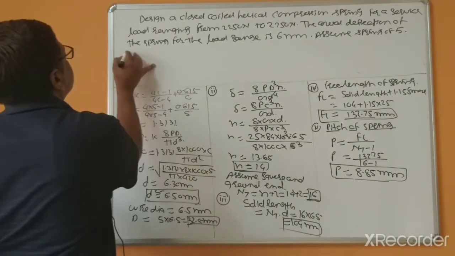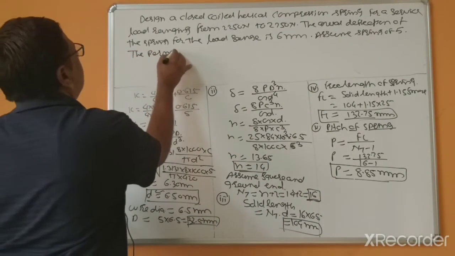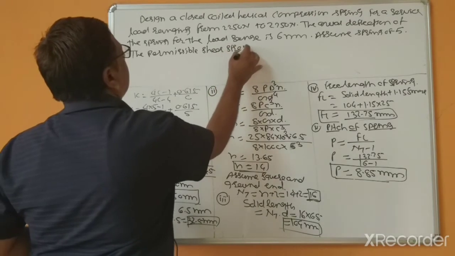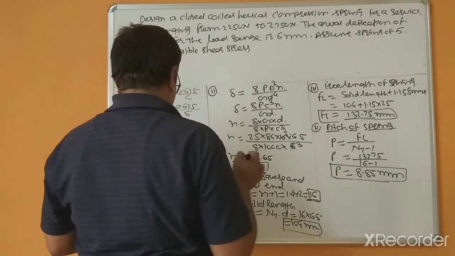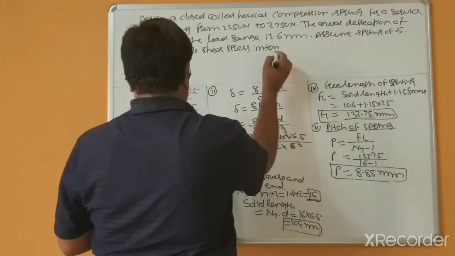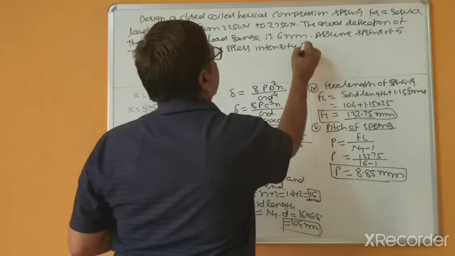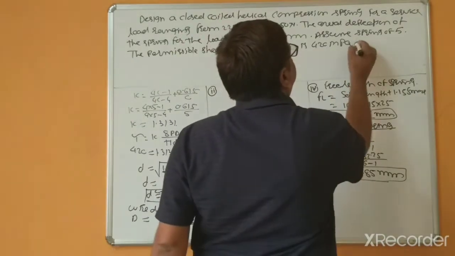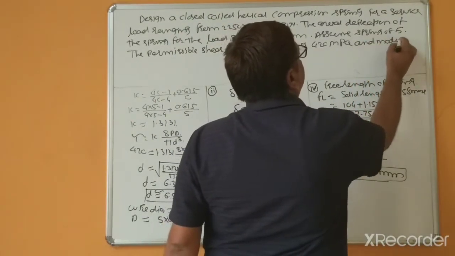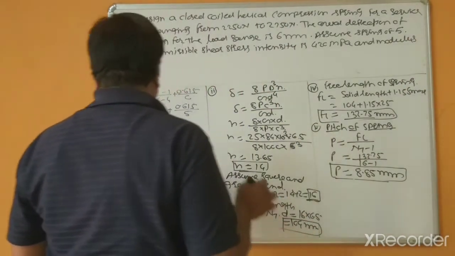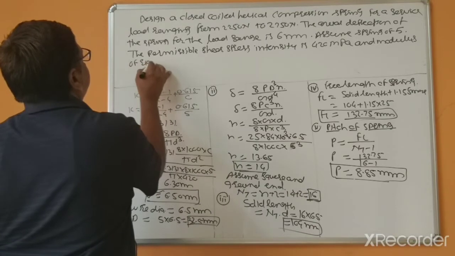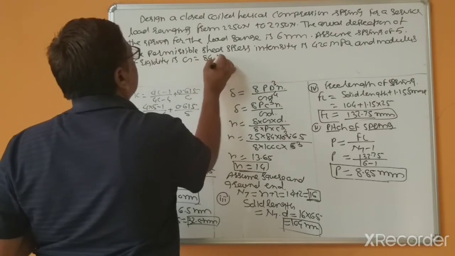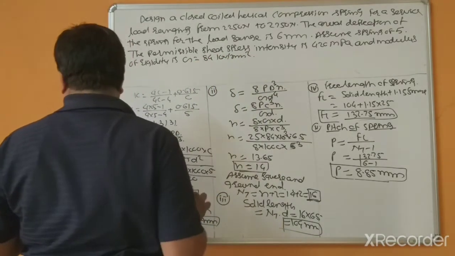The permissible shear stress intensity is 420 megapascals, and modulus of rigidity is G equal to 84 kilonewton per mm square.